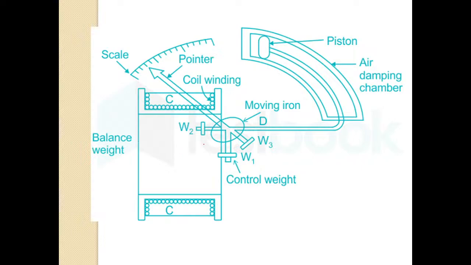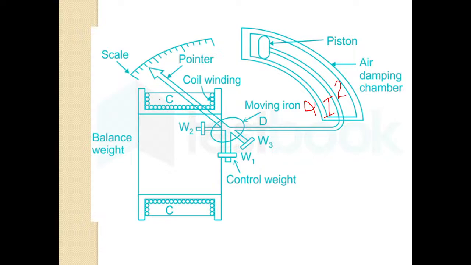This field creates a force of attraction towards the iron piece. Because of this force of attraction, there will be movement of the iron, and this movement of the iron will always be proportional to the square of the current flowing through the coil.